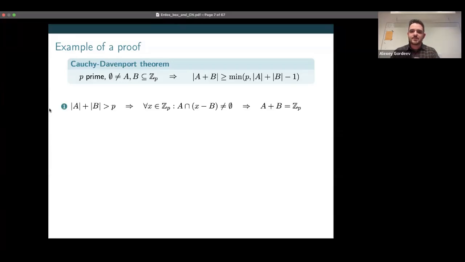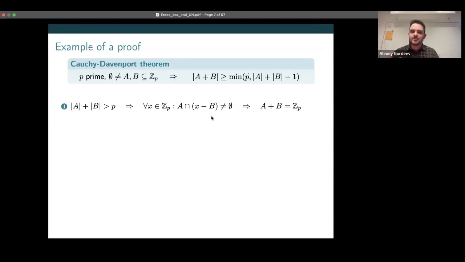The first thing is we have to consider an edge case. If sets A and B together are already big, if the sum of the sizes is greater than P, then we don't need any powerful tool. We can just use the pigeonhole principle, because we can take any remainder X modulo P and see that A and X minus B are two sets which together have more than P elements.